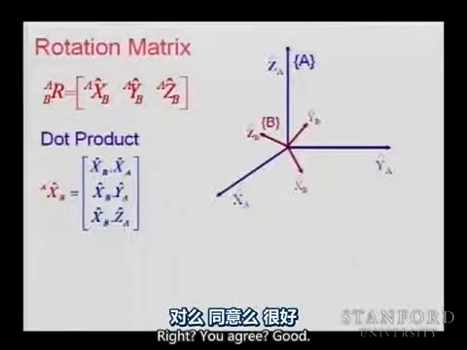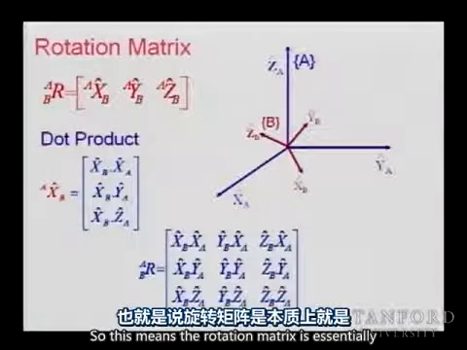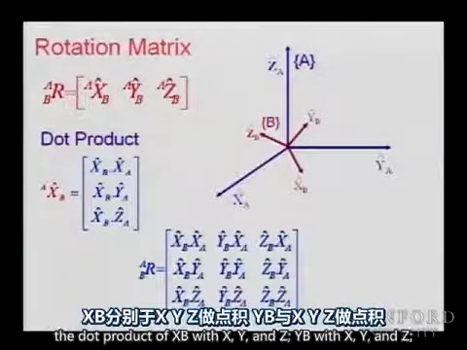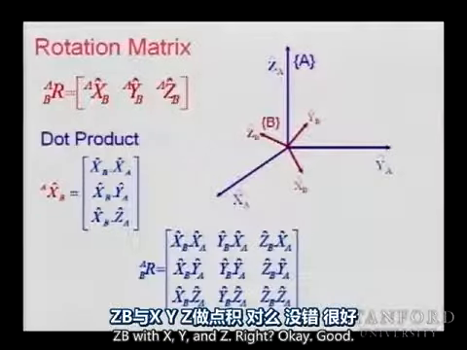You agree? Good. Which means the rotation matrix is essentially the dot product of xb with x, y, and z, yb with x, y, and z, zb with x, y, and z. Right? Okay, good.